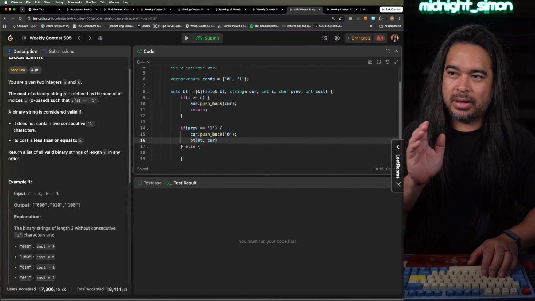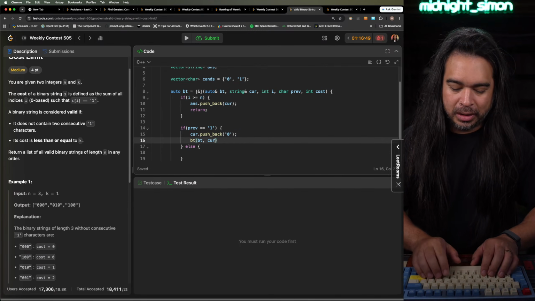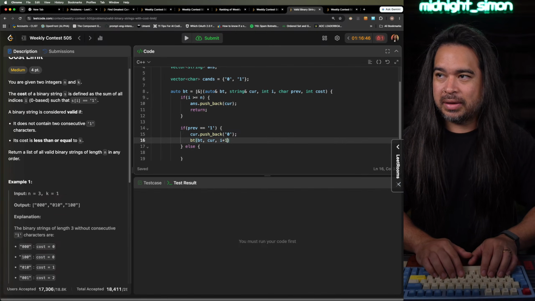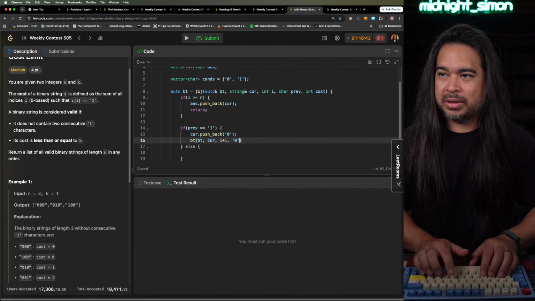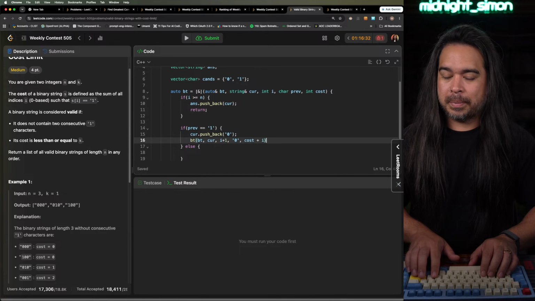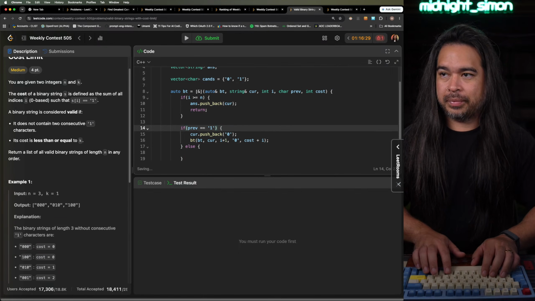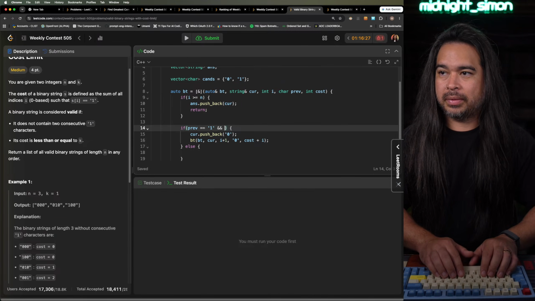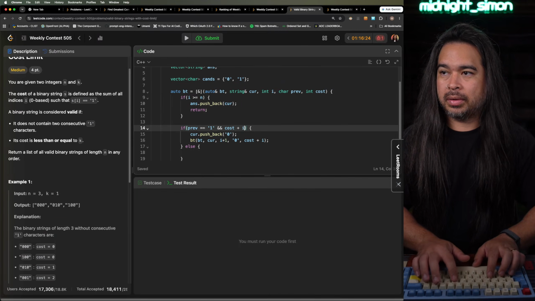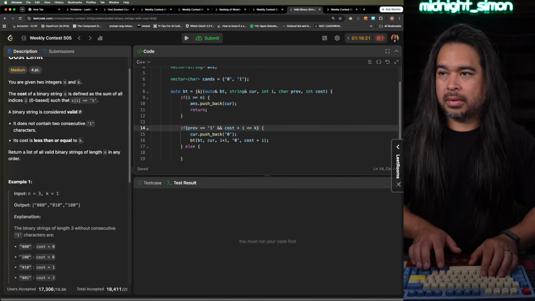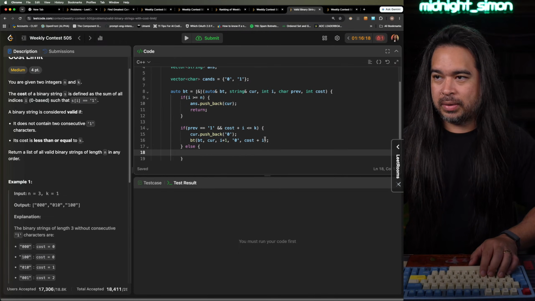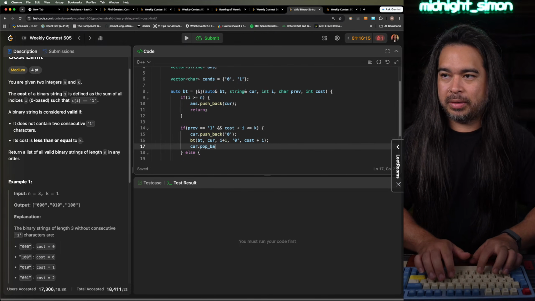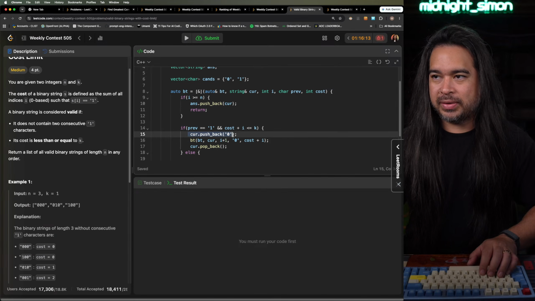So we put in our string, we push back a 0 character, we increment our index, and then our previous character becomes 0, and our cost becomes cost plus i. So that's doing the backtrack there. And then after you backtrack, you pop back. So pop that 0 off.